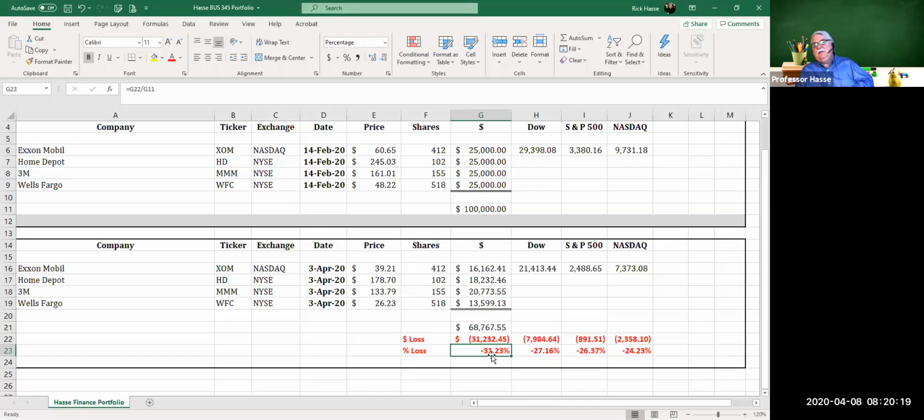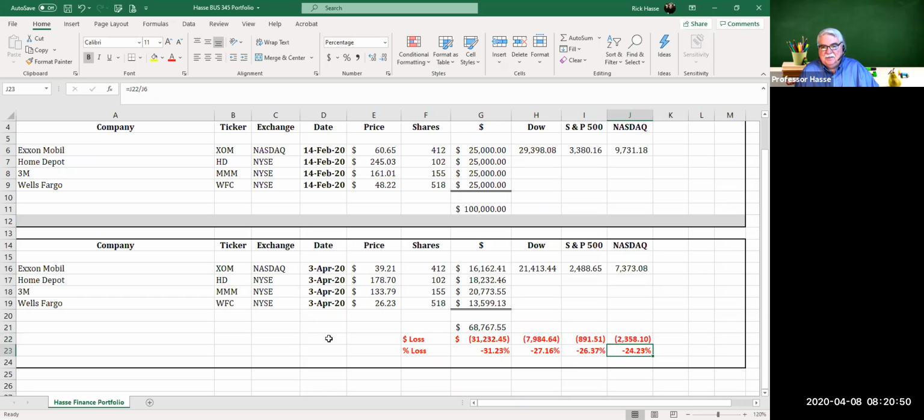So that's what I was looking for in your spreadsheet for the portfolio. You're going to be doing this 2 more times in our class. One more time with our next examination, and another time at the end of our semester. And each time you're going to tell me the dollar loss, the percentage loss, and the percentage loss of the various indexes, okay?